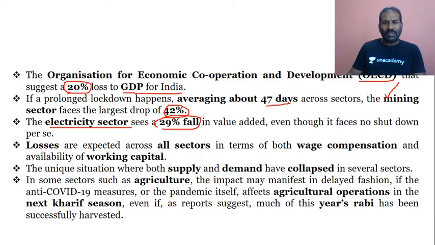When you compare it with the losses of all the sectors, it will be very tough in regards to wage compensation and the working capital we have invested, and that will further lead to a supply and demand collapse. That is a supply-demand shock, or demand-supply shock, as you call it. So it will impact not just one sector, but several sectors of the country.